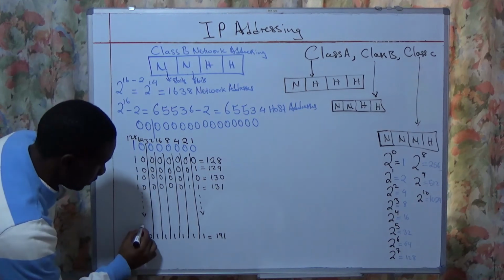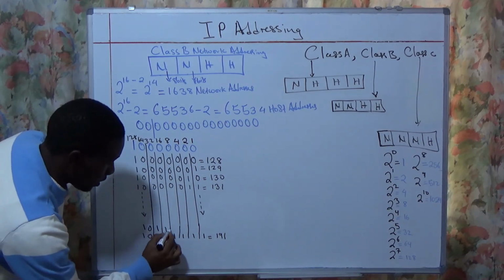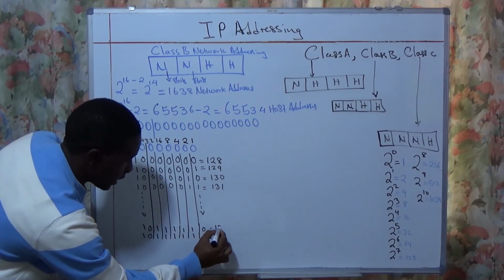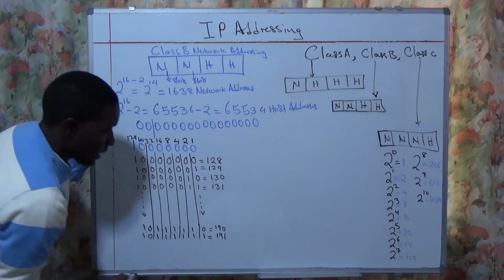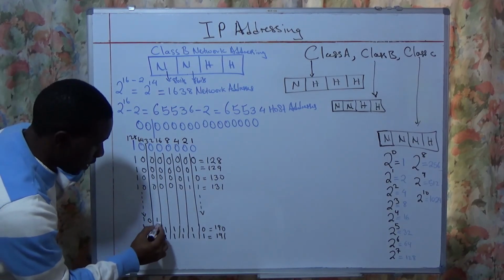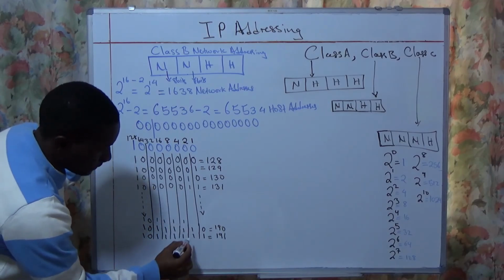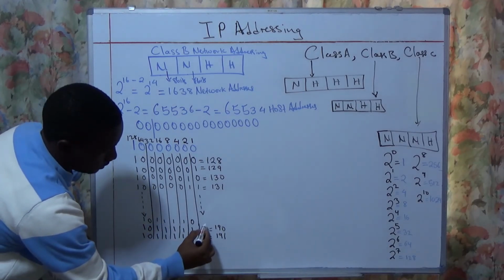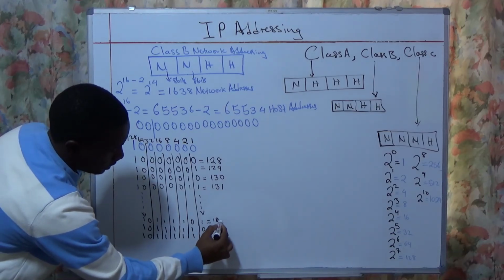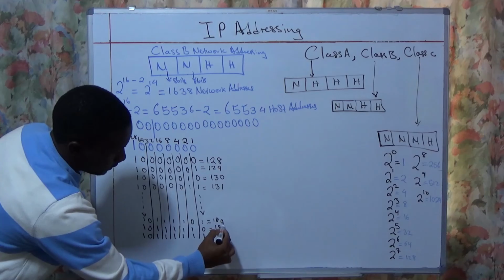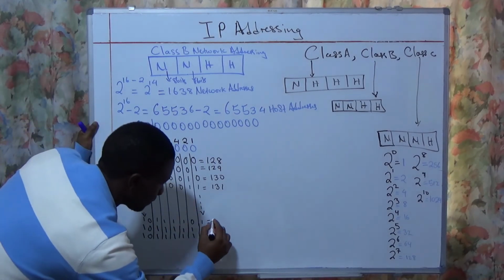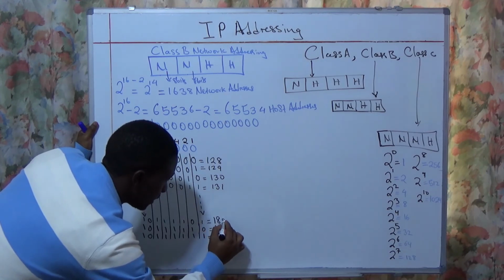The second last will be 1, 0, 1, 1, 1, 1, 1, 0 as 190. And the third last we shall assume as 1, 0, 1, 1, 1, 1, 0, 1 as 189.